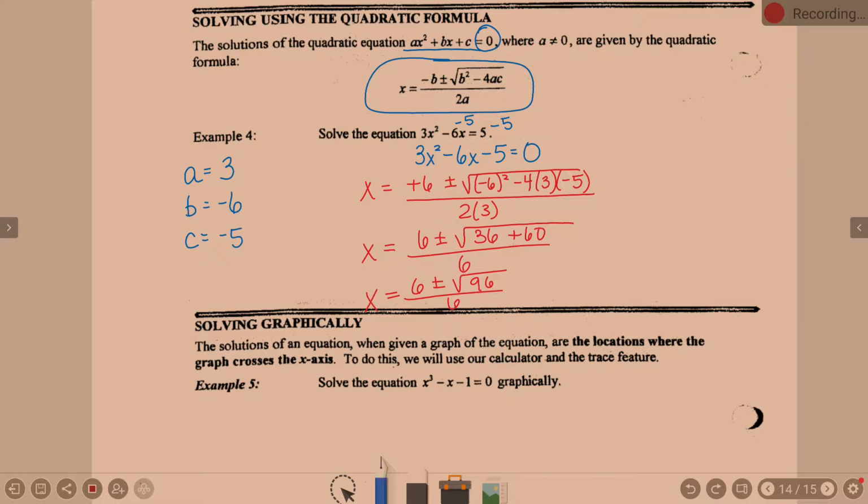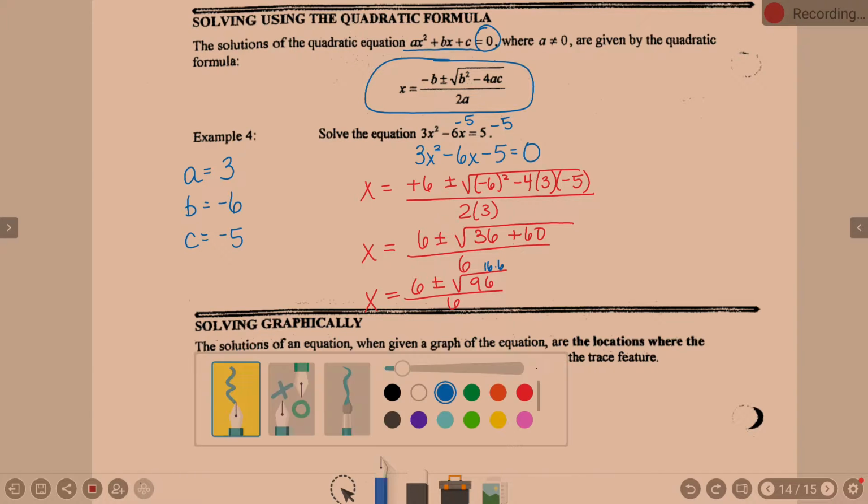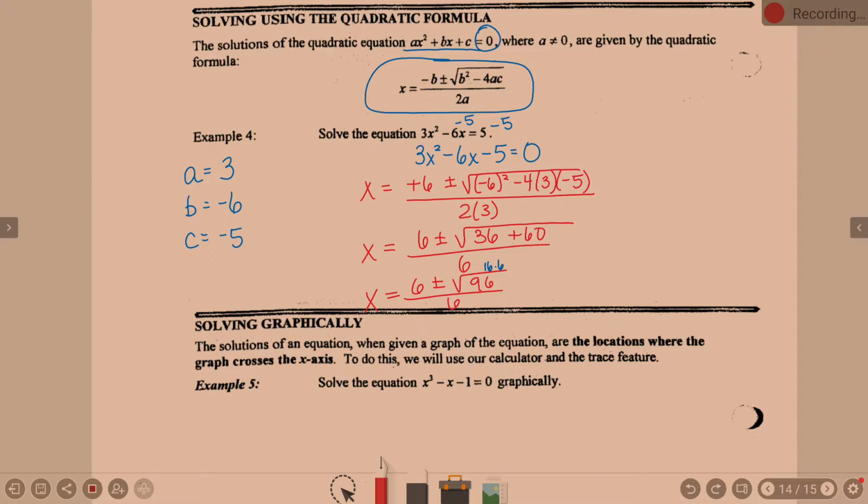96 divides by 16. Does this sound familiar? I'm just going to write it right up here that 96 is 6 times 16. That is important because 16 is a perfect square, right? So we still have 6 out front, plus or minus.